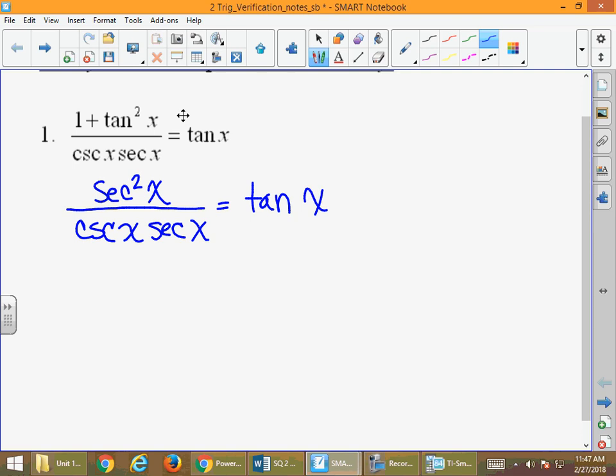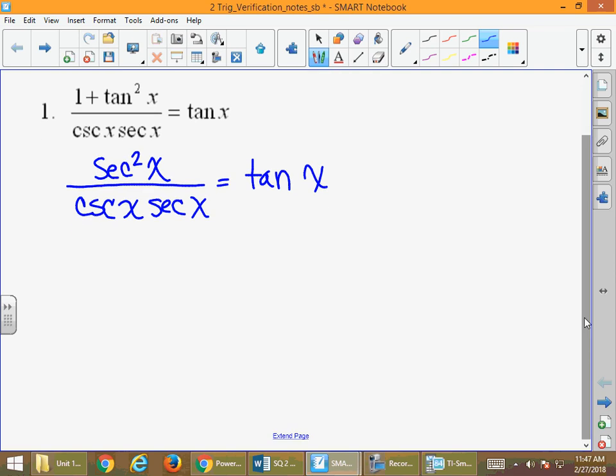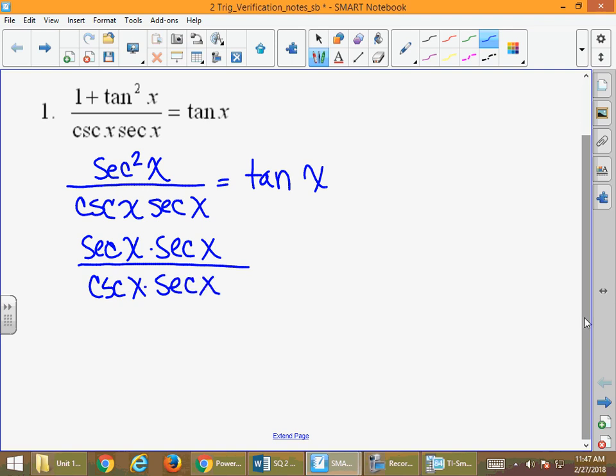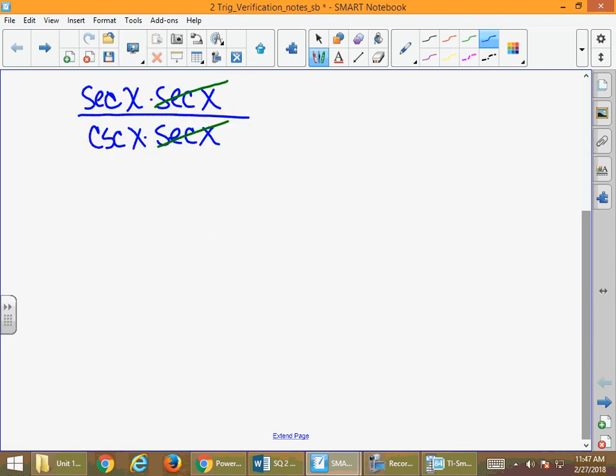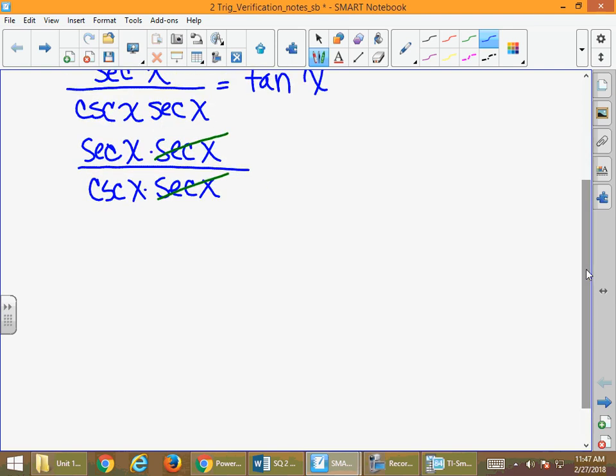As we take a look at this one, if we simplify a little bit more, secant squared means secant x times secant x, divided by cosecant of x times secant of x. Do we have anything exactly the same on the top and on the bottom? We've got a secant x, and we can cancel that out. Secant x divided by secant x is 1, and we're left with secant x divided by cosecant of x.